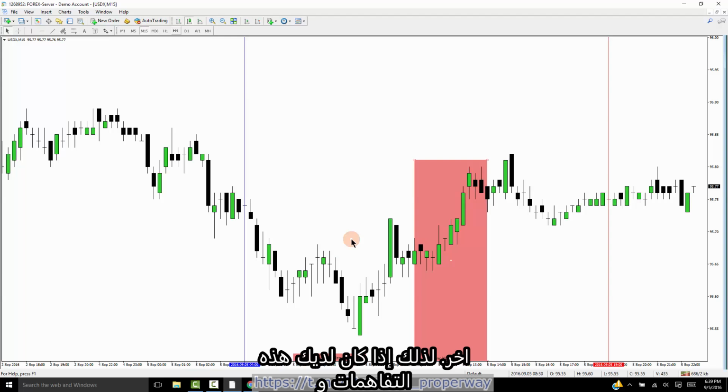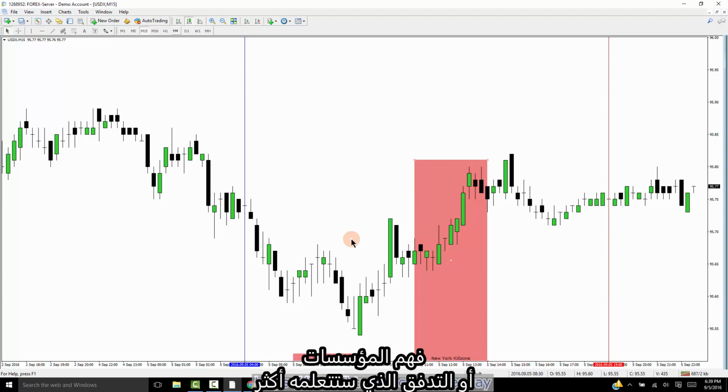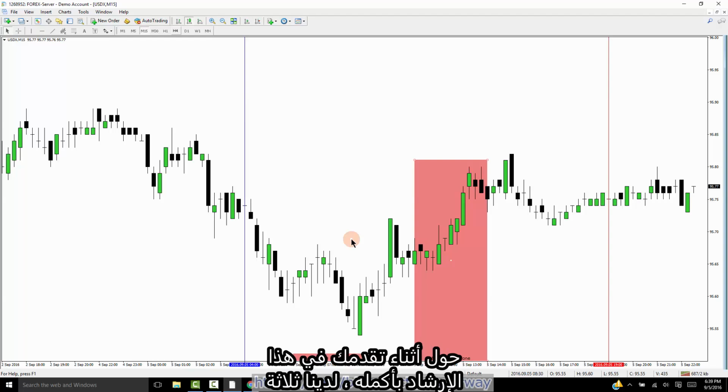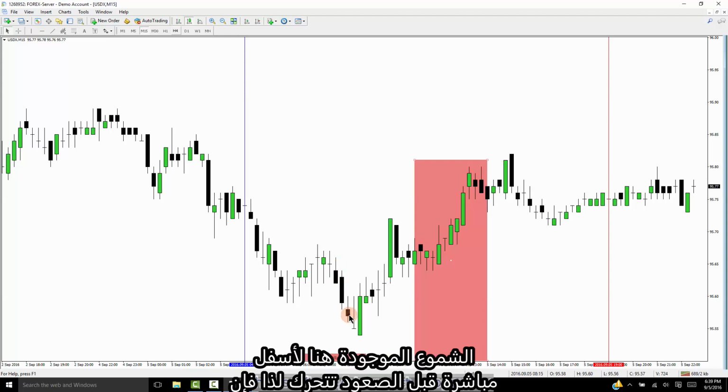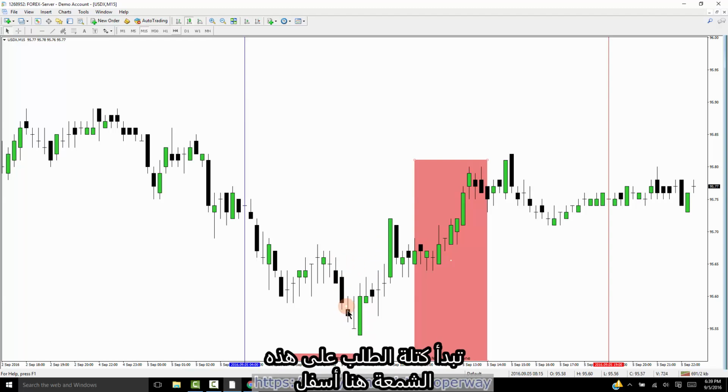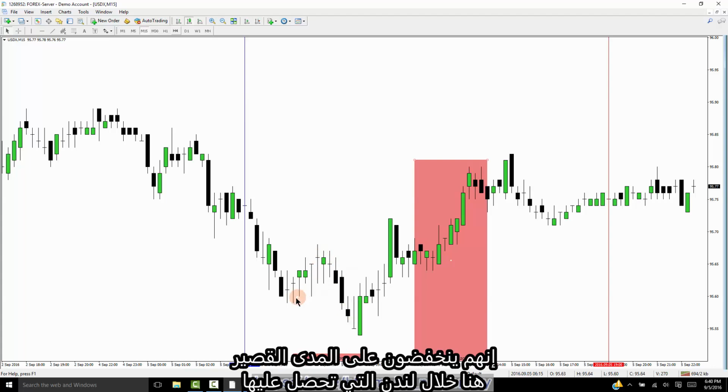So if you have this understanding of institutional order flow, which you'll learn more about as you go through this entire mentorship, we have 3 candles here that are down right before the up move. So the order block begins on this candle right here. The down candles is where the algos are accumulating buy orders, and they're running a short-term low here during London.